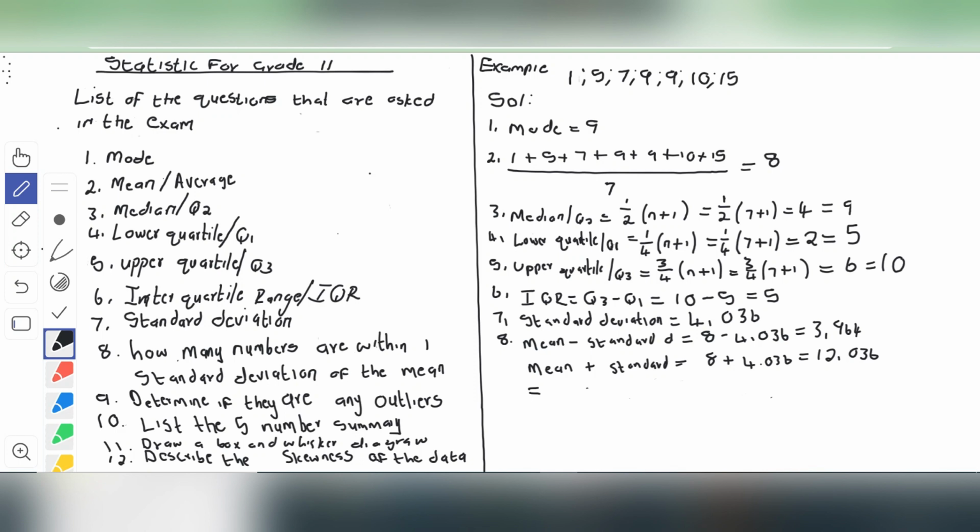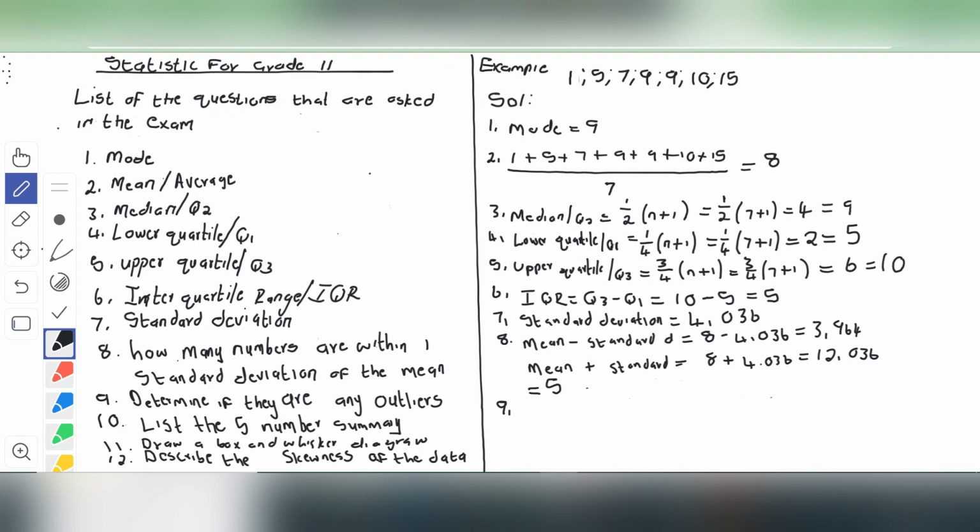We found that there are only 5 numbers. So this is the answer. How many numbers are within one standard deviation of the mean? The answer is going to be 5. Right. So let's go to question 9. Sorry.